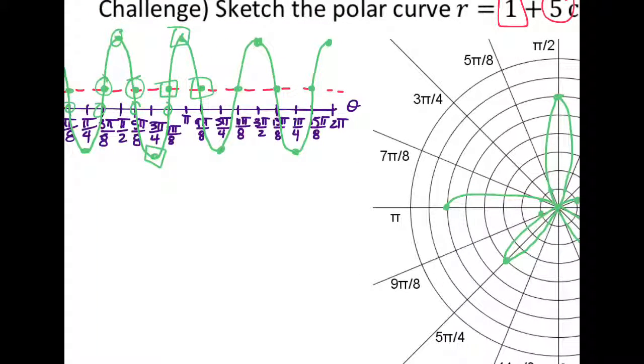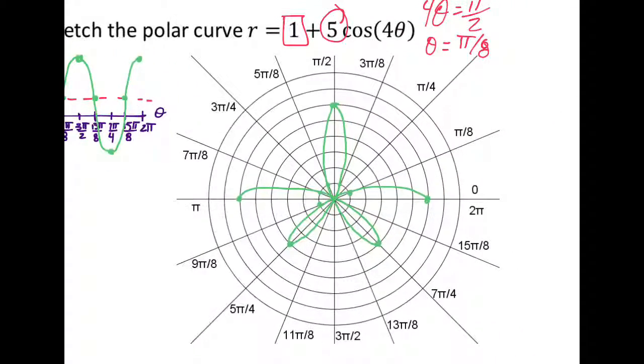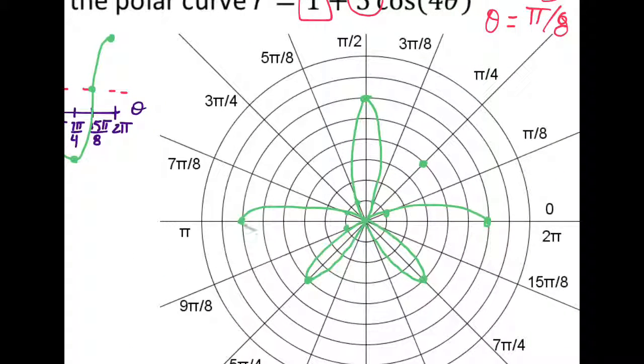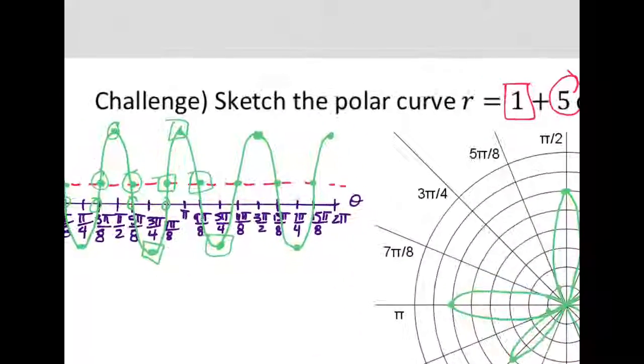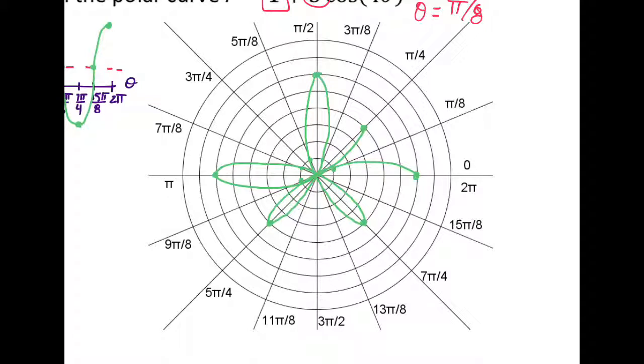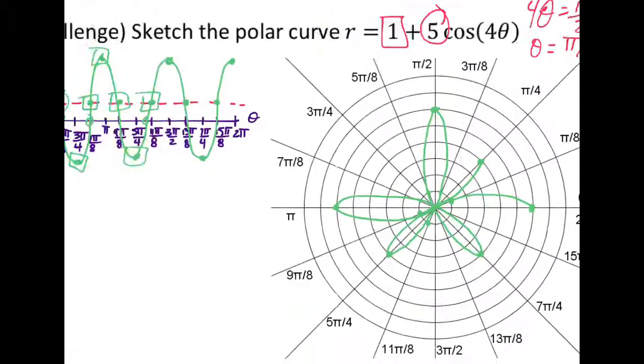And then 5 pi over 4 is giving me another negative small petal, so I'm up here along pi over 4 since I'm negative. So I'm going to curve in, hit that 0, go through the pole, hit that small petal right there. I'm going to cross the pole again right there. I'm going to go to another 1 at 11 pi over 8. Again, all these pi over 8s are getting those 1s right there.